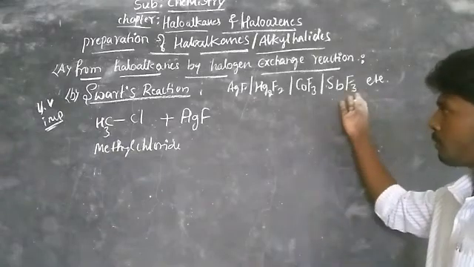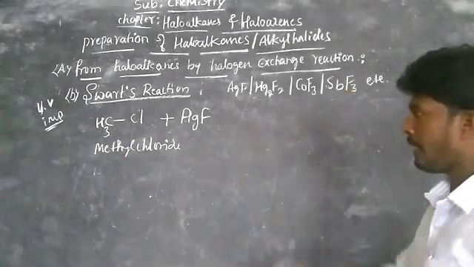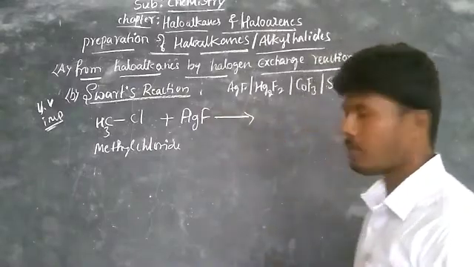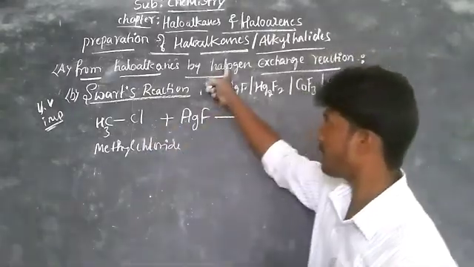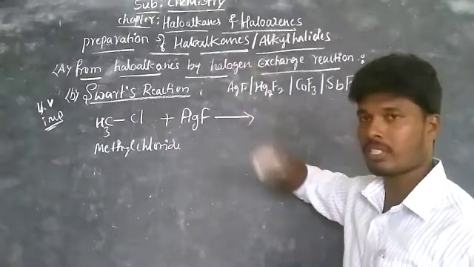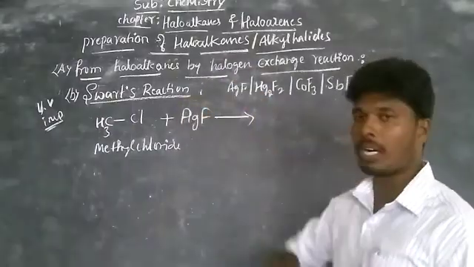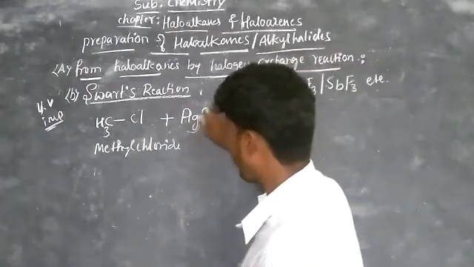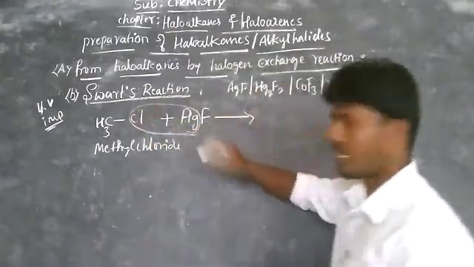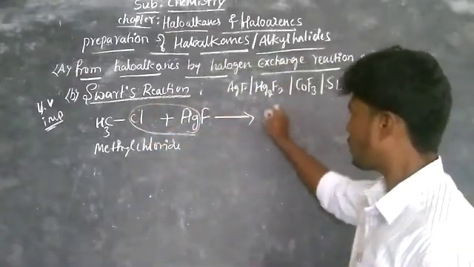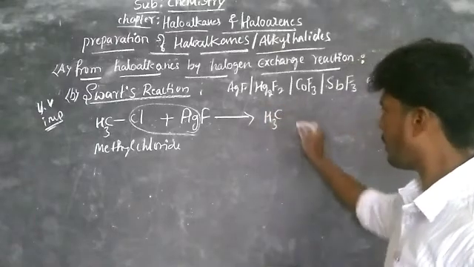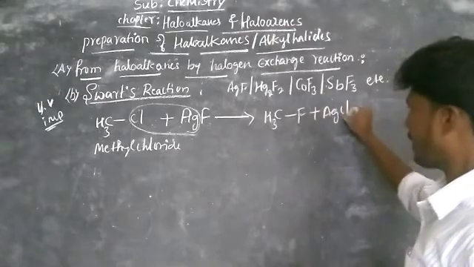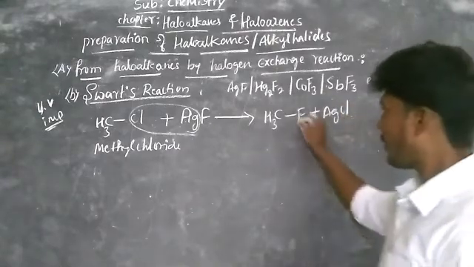Any one among these four we can use. Here we are using silver fluoride. You get, observe, halogen exchange takes place. Under halogen exchange reactions we are studying, the second one is the Swarts reaction. So chlorine gets replaced by fluorine: AgF and CH3Cl give CH3-F plus AgCl, silver chloride.